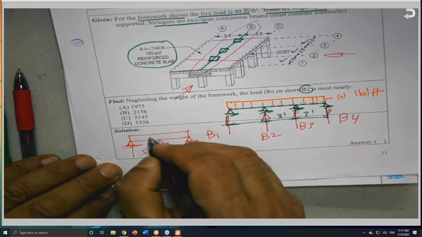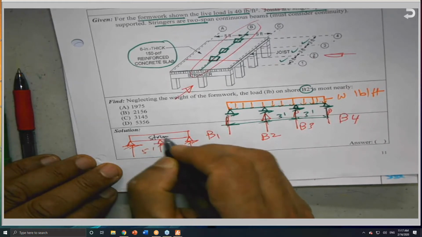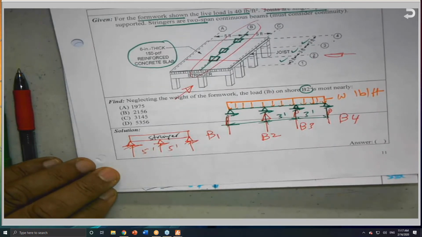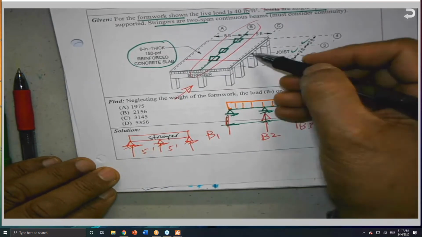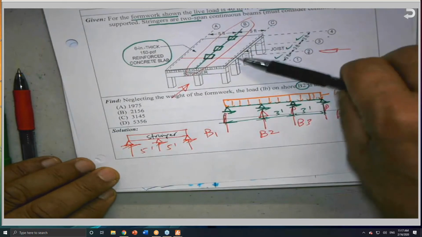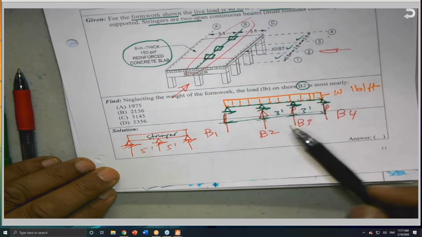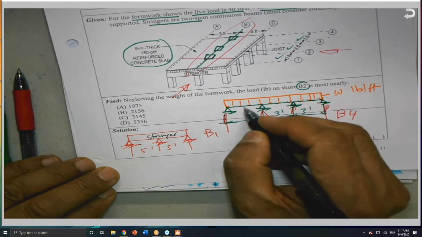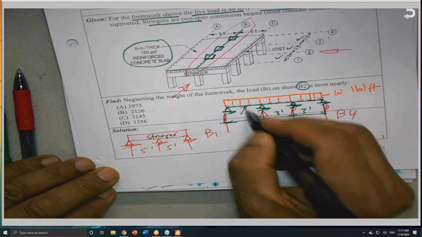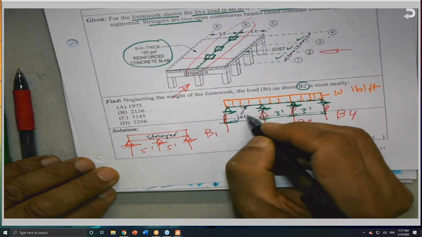This is a stringer. Here, when you look from the side, what you will get are the joists. These are joists.